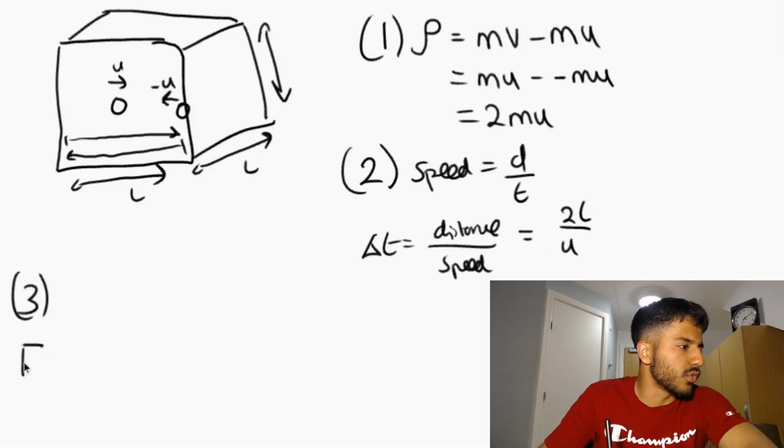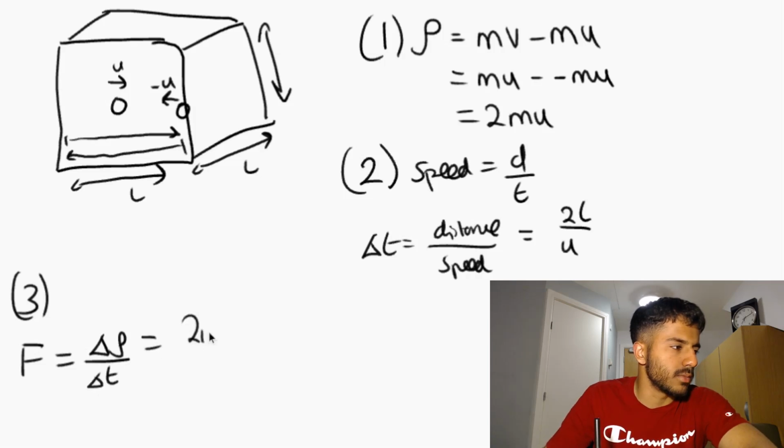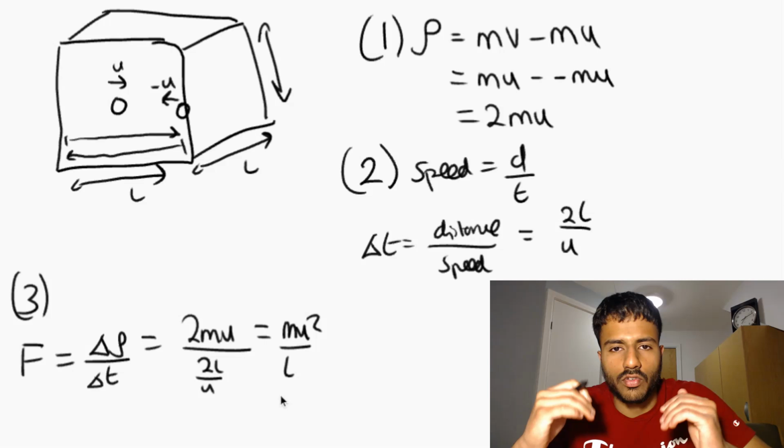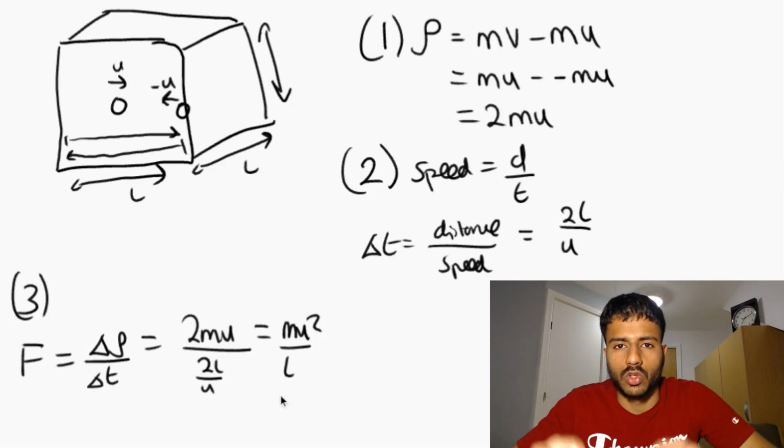Now we know that the force exerted is equal to the rate of change in momentum. So this is equal to 2mu over 2L over u, which gives you mu squared over L. This is the force exerted by the particle in one collision.